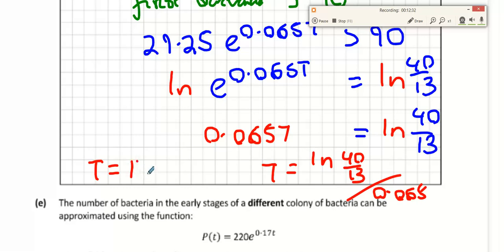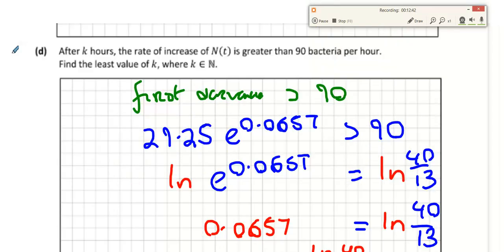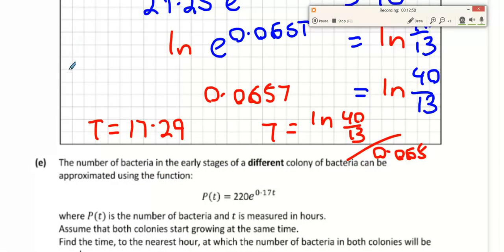So 17 point. What you get? 17.29. So it has to be 18 hours, is it? Yeah, it has to be k equals 18 then. And 17 doesn't cut it. The 17 is too small. So it has to be 18 hours.